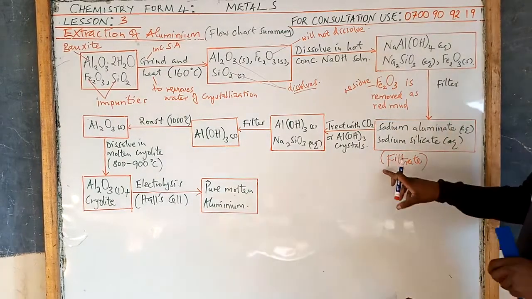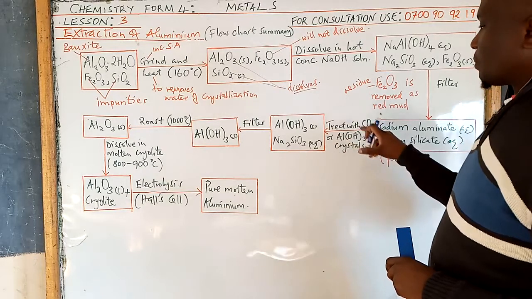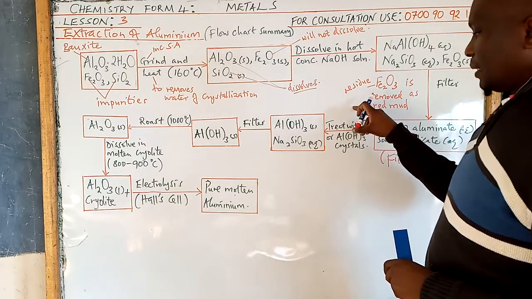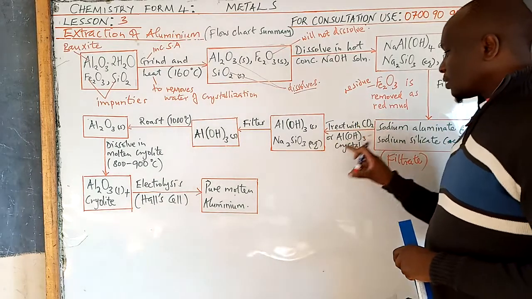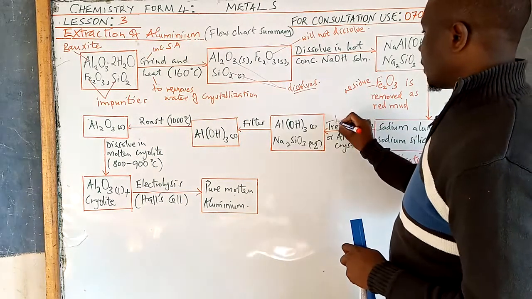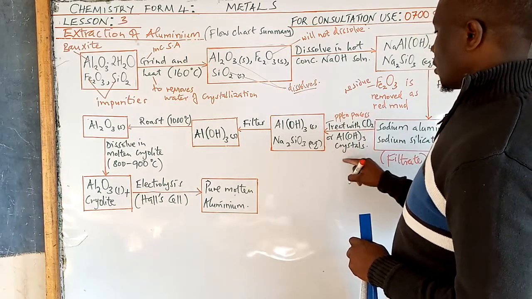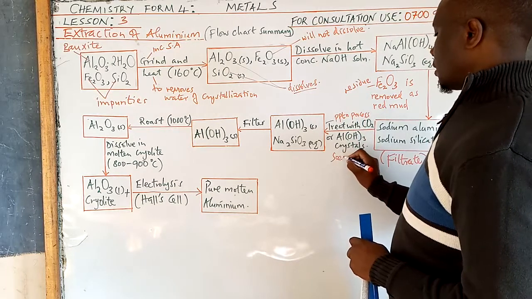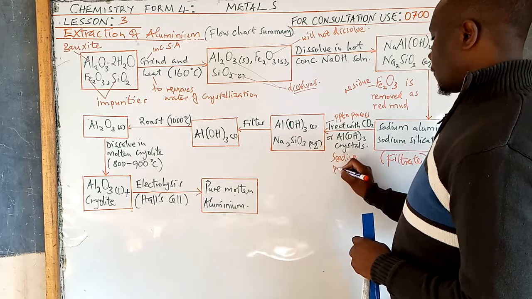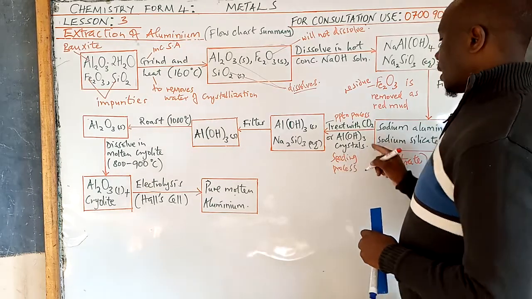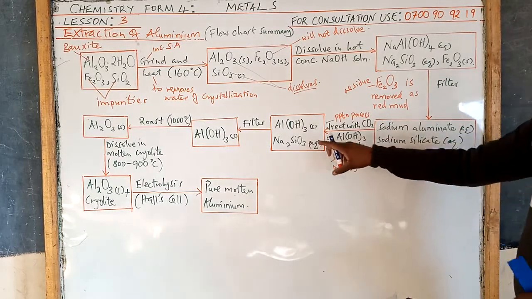And then you treat now, you have two options. Either treat with carbon dioxide, the precipitation process, or add crystals of aluminium hydroxide. So this one is the precipitation process, or this one which we call the seeding process, that is adding crystals of freshly prepared aluminium hydroxide, which precipitates more aluminium hydroxide.